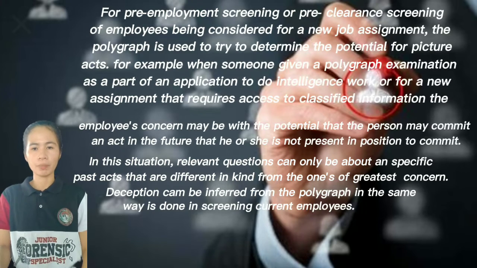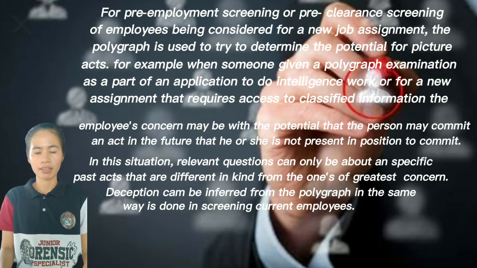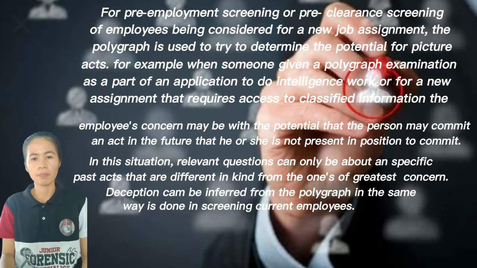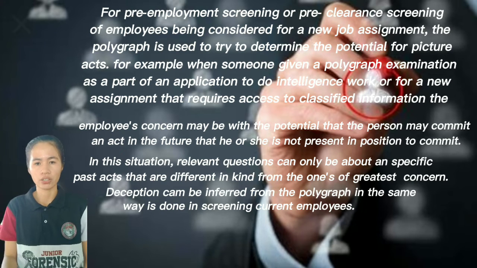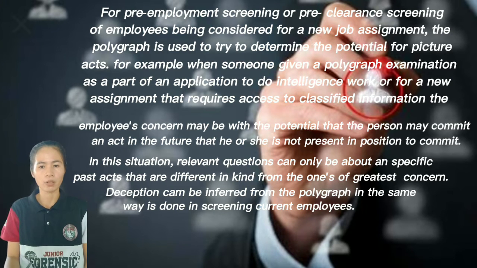Employment screening or pre-clearance screening of employees being considered for new job assignments. The polygraph is used to try to determine the potential for future acts. For example, when someone is given a polygraph examination as part of an application to do intelligence work or for a new assignment that requires access to classified information, the employees concerned may be tested for the potential that the person may commit an act in the future that he or she is not now in a position to commit.